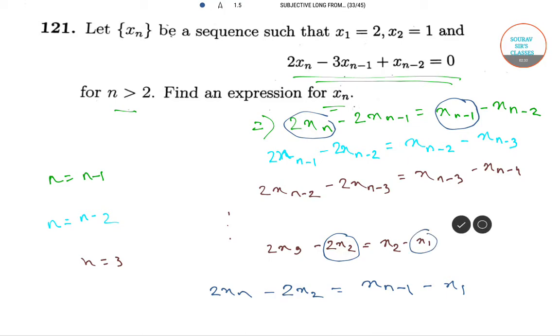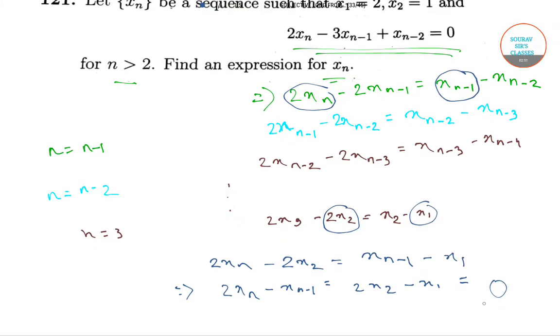This implies 2xn minus x(n-1) is equal to 2x2 minus x1, which is equal to 0, because we know that the value of x2 is 1 and the value of x1 is 2.